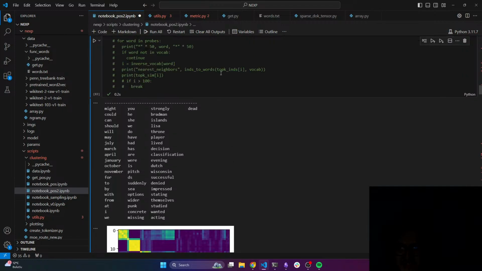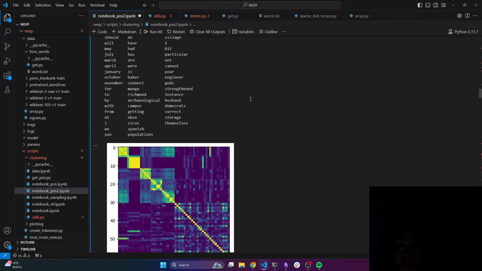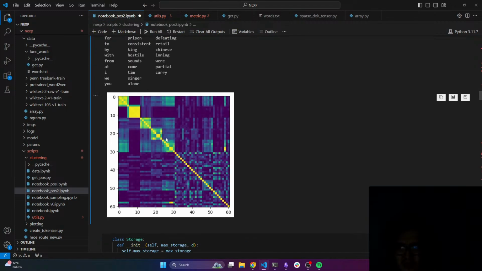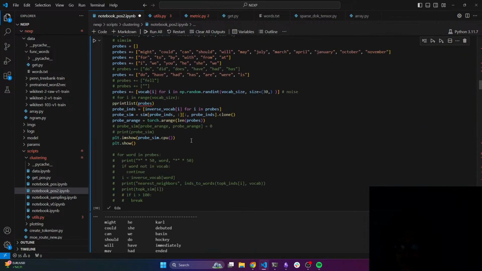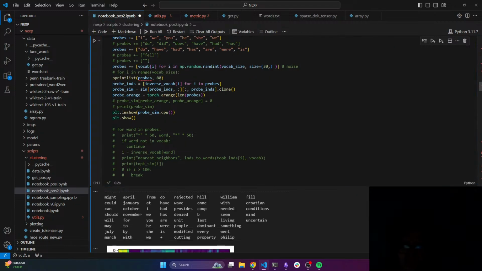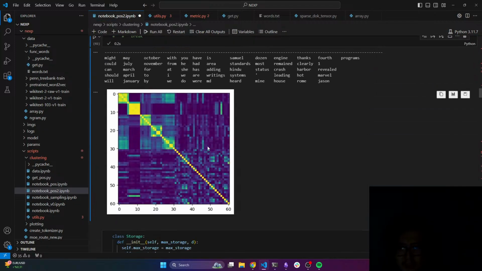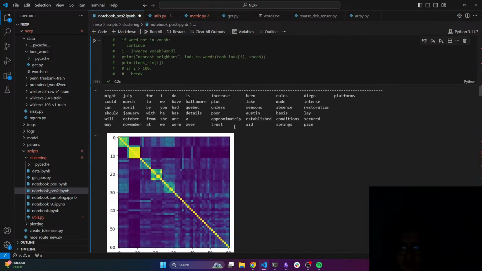Nothing changed a lot. Pretty much the same. This pretty much looks the same to me. Now I should probably put this to 80 so that it prints more on my screen. Yeah, nothing changes too much. What about 1,000?